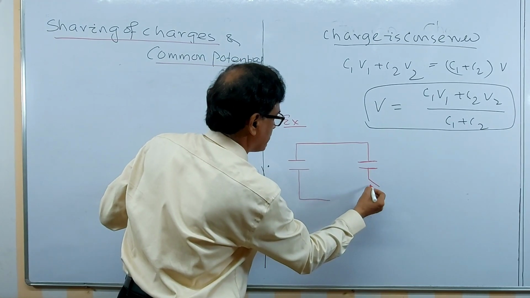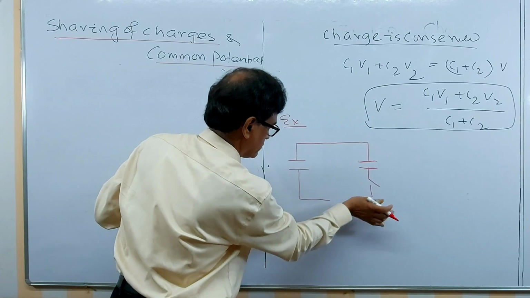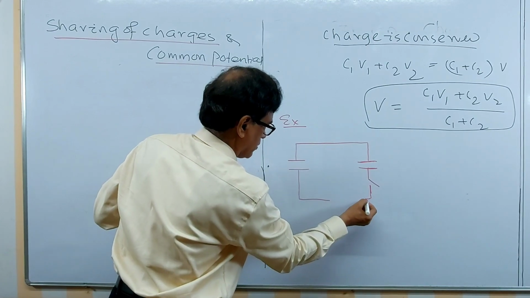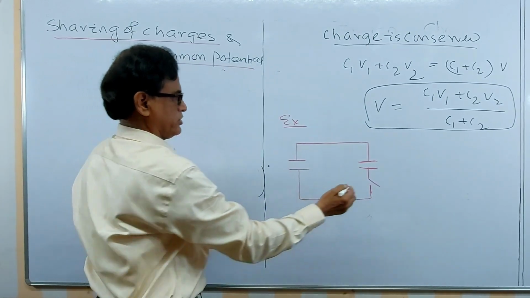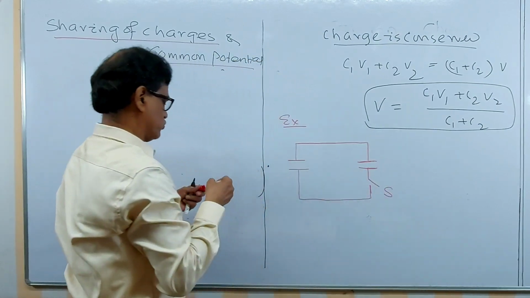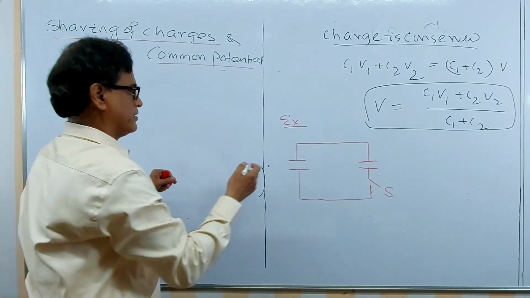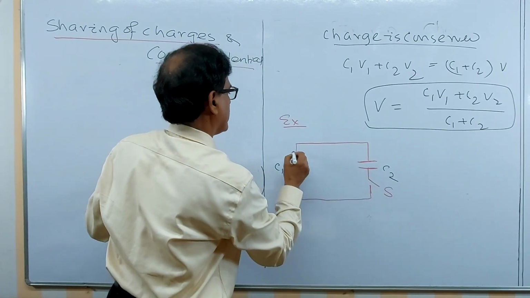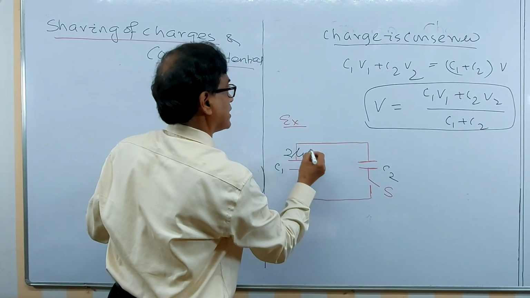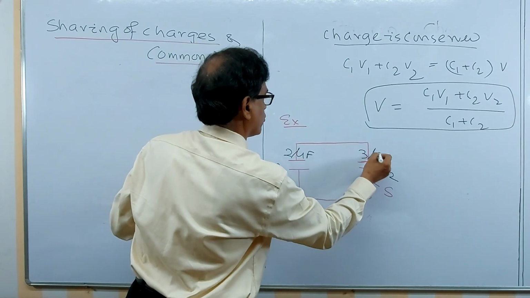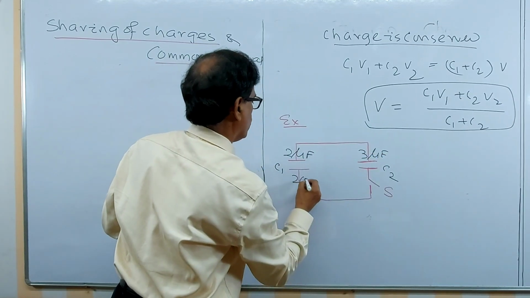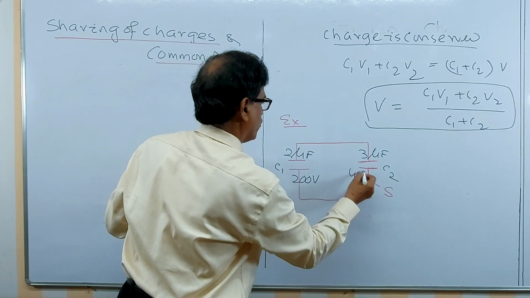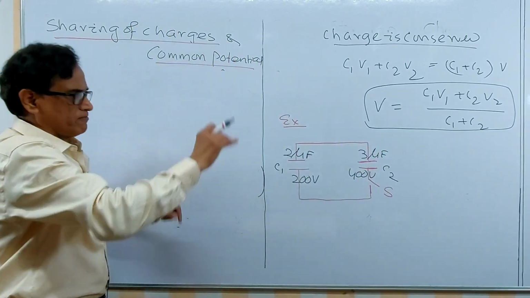Now here you can have a switch. You can close the switch. And the two capacitors, this is C1, this is C2, this is 2 microfarad for an example, and this is 3 microfarad. And this is 200 volt, this is 400 volt, and the switch is open.